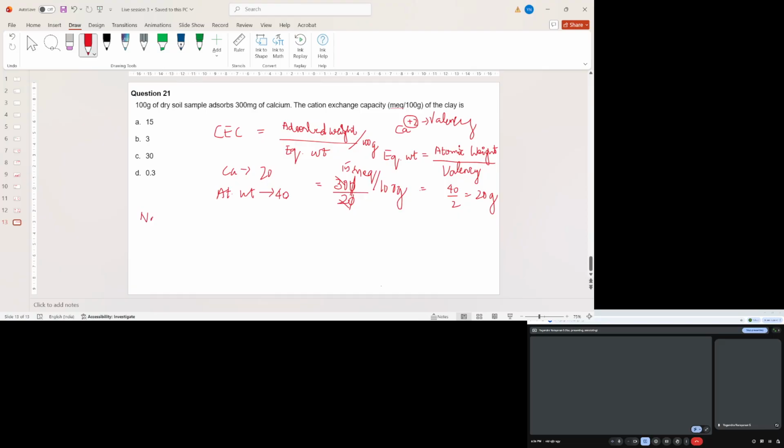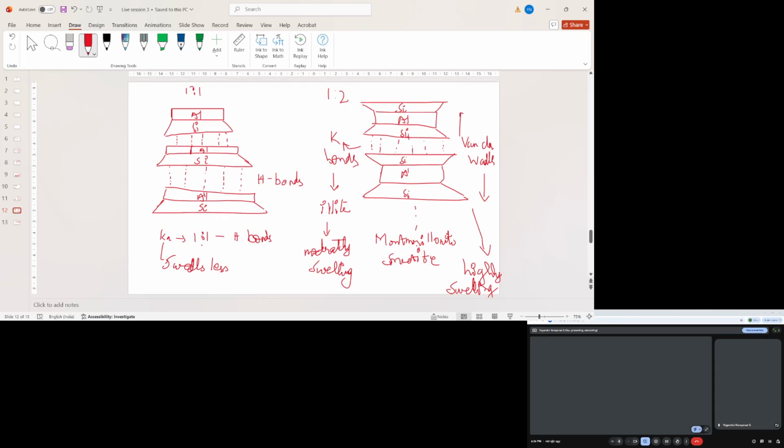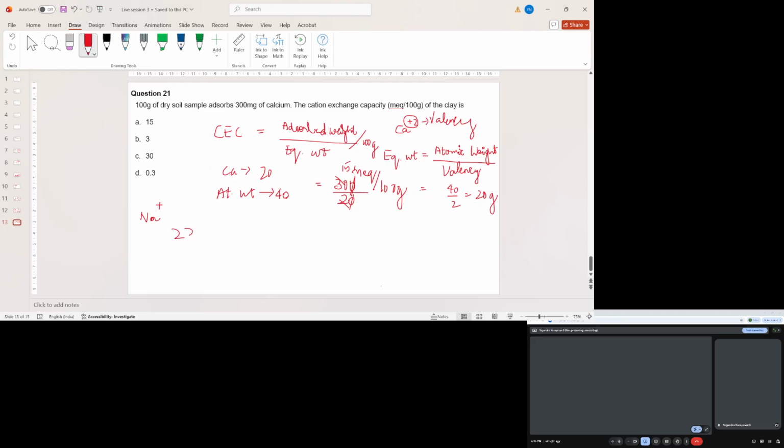So if it is sodium ion, the valency is 1. Sodium's atomic weight is almost 23. Atomic weight and equivalent weight will also be 23.